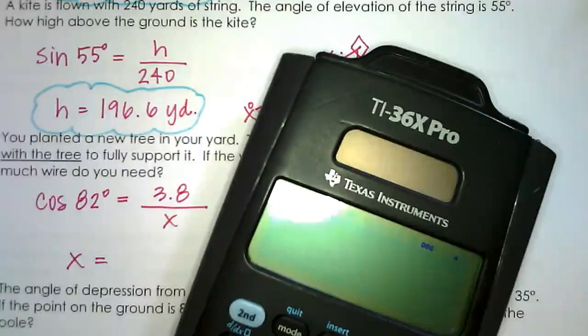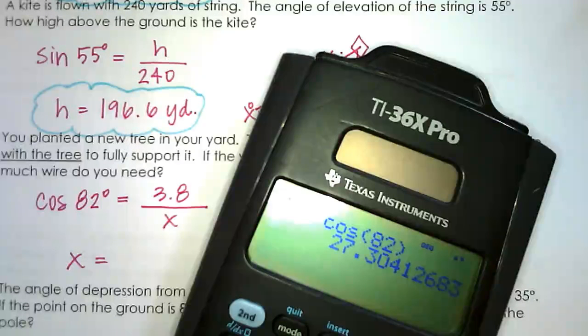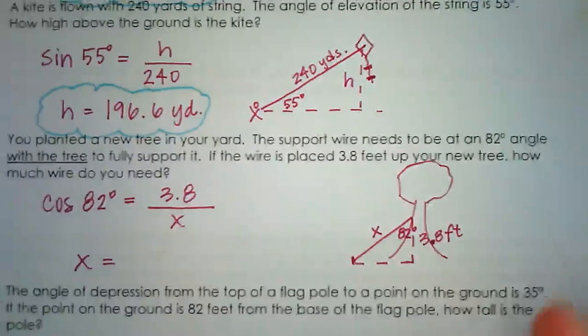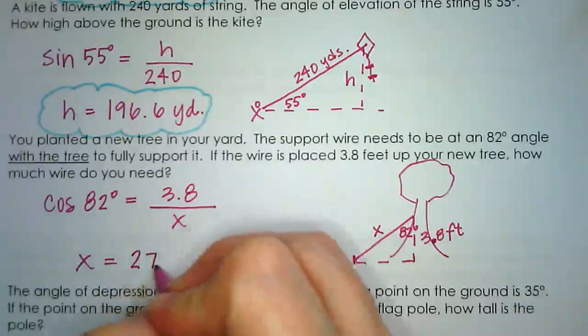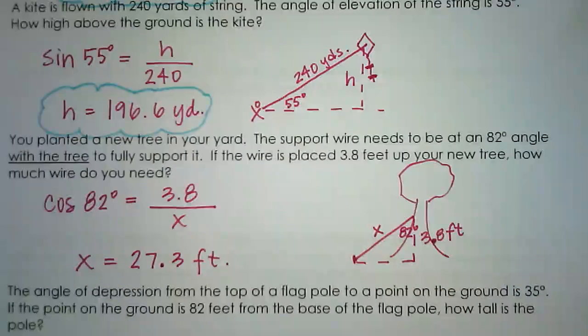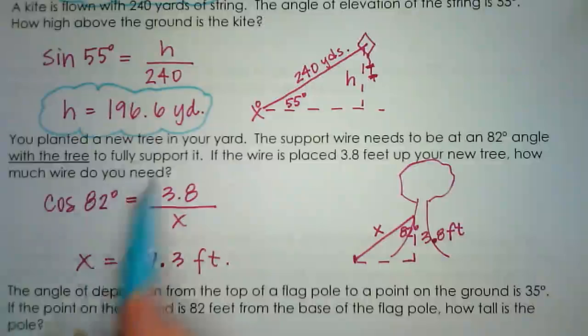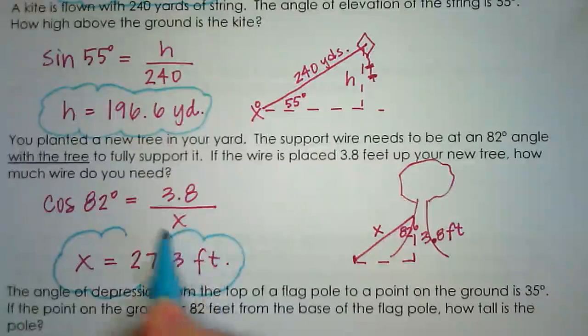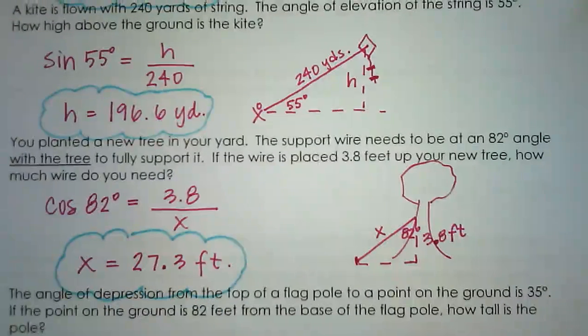So we need to do 3.8 divided by cosine of 82 degrees, and I'm getting 27.3. So this needs to be 27.3 feet. And there we go for number 3.